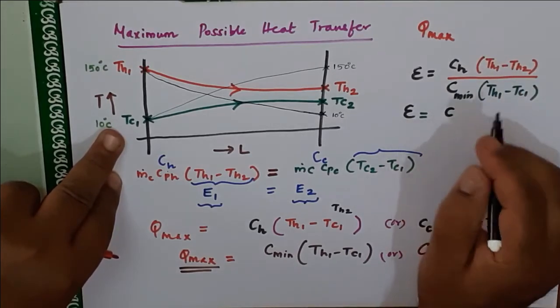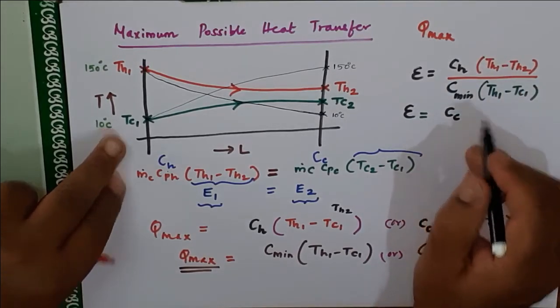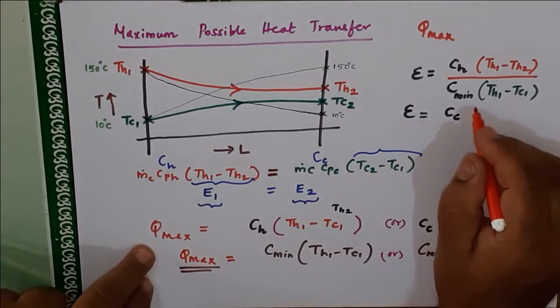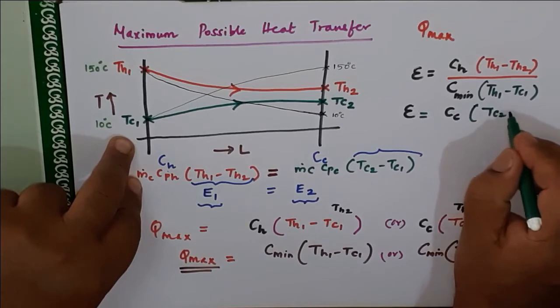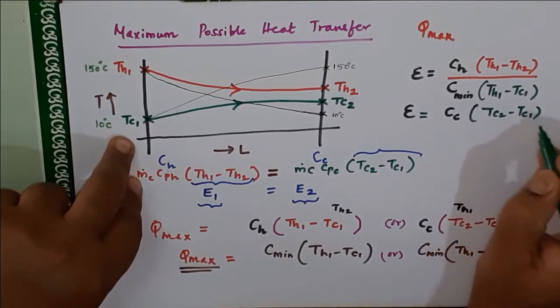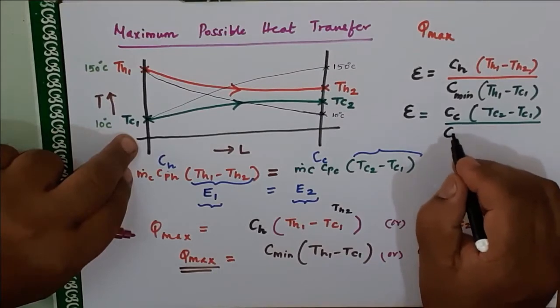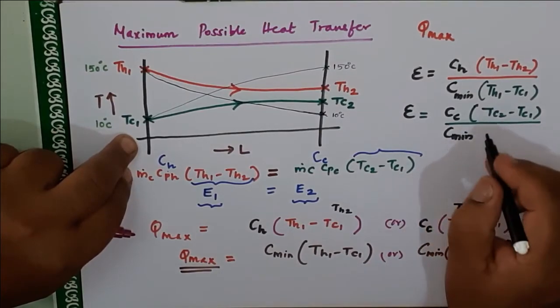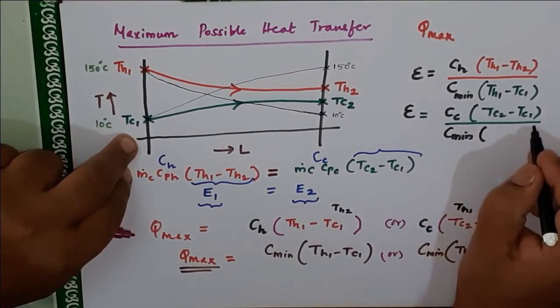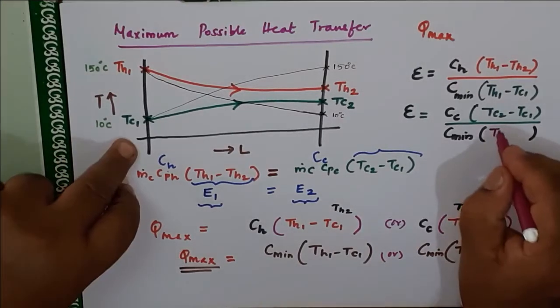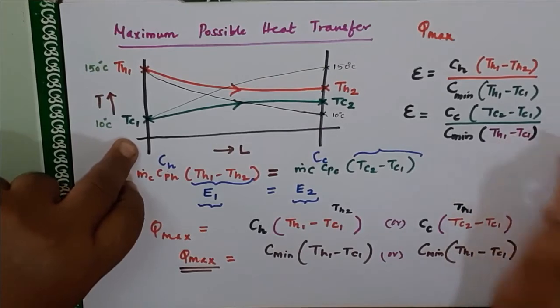For the cold fluid we can write CC multiplied by TC2 minus TC1, whole divided by the fluid undergoing maximum heat transfer, whether hot or cold, the formula is the same: C minimum into TH1 minus TC1.